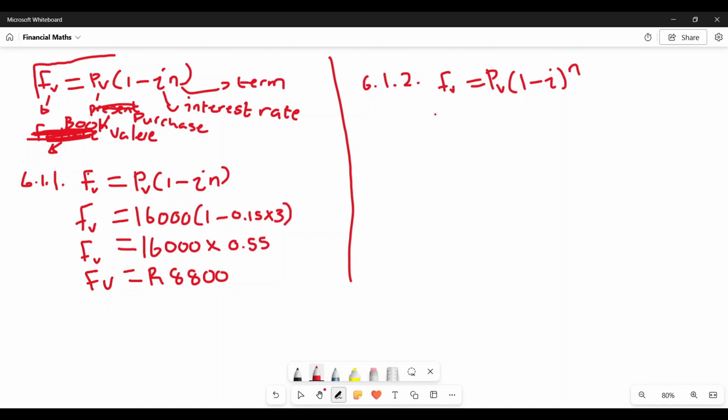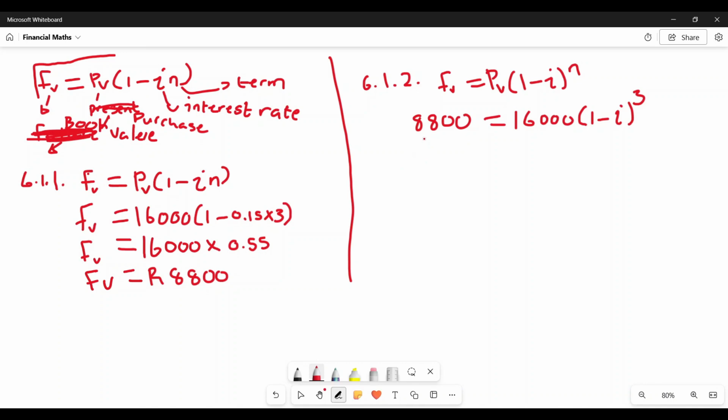So now we have our book value, which is given by 8,800. This is equal to the purchase value, which is 16,000. And then we have 1 minus I. Remember, I is what we are looking for. We want to know what the interest rate is. And then this would be to the power 3.